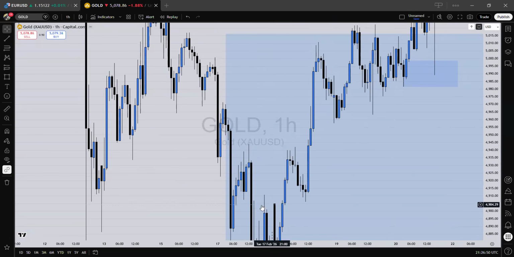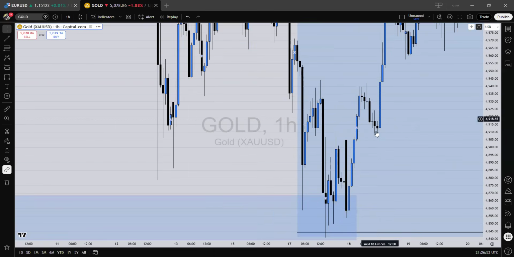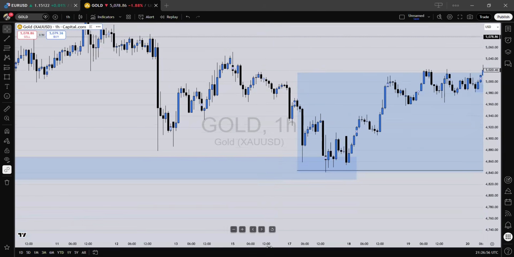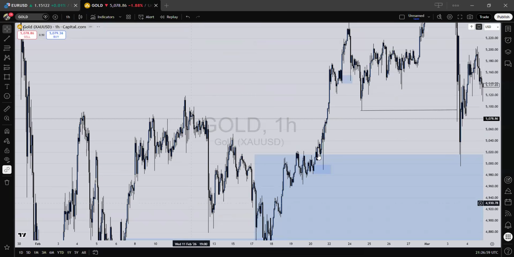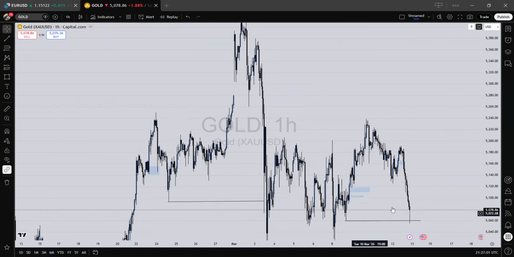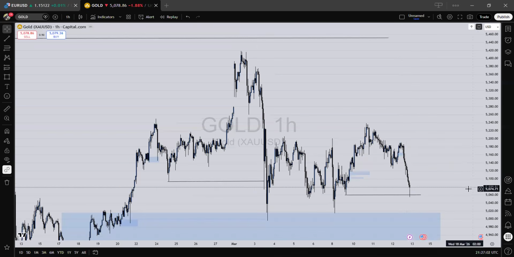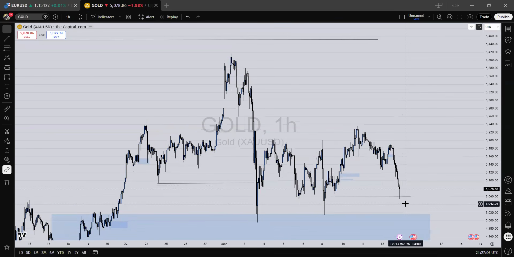So price forms a fair value gap, and then I use my fair value gap for continuation entry. Or if a reversal candlestick pattern like the hammer or the bullish engulfing is formed at the entry zone, I can then take my entry.